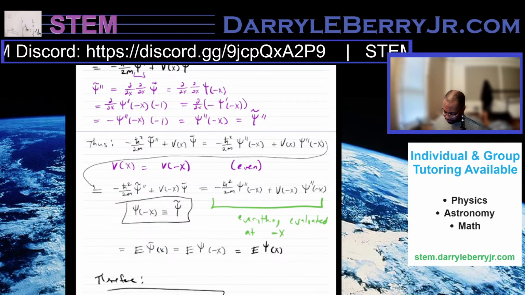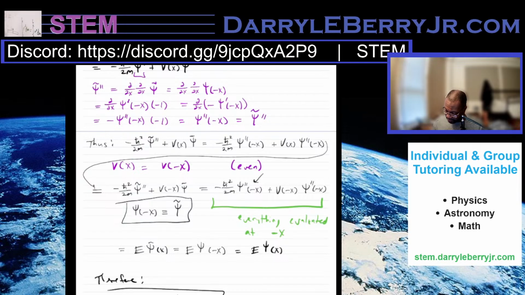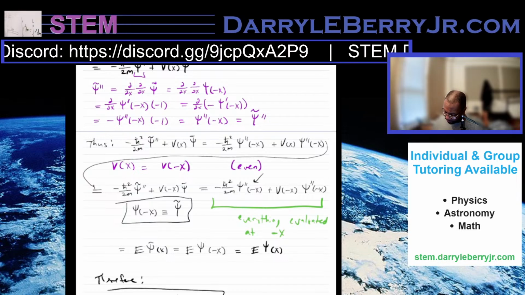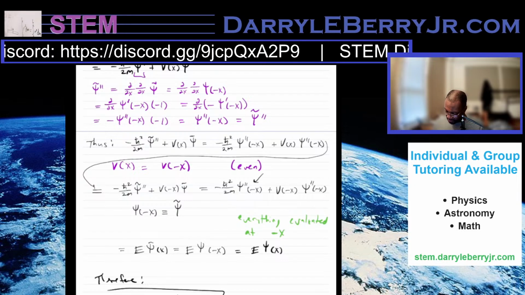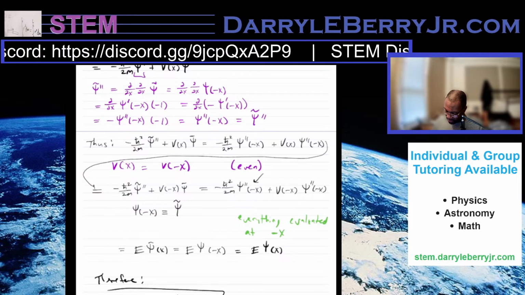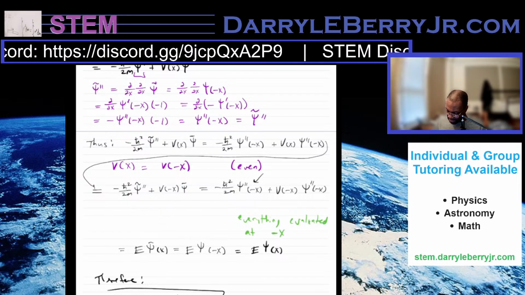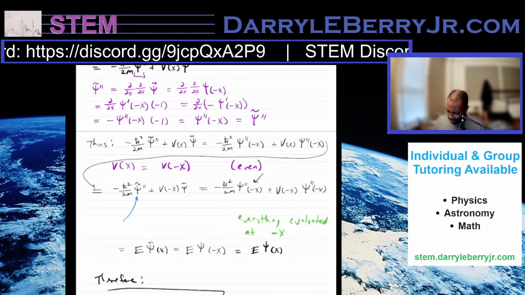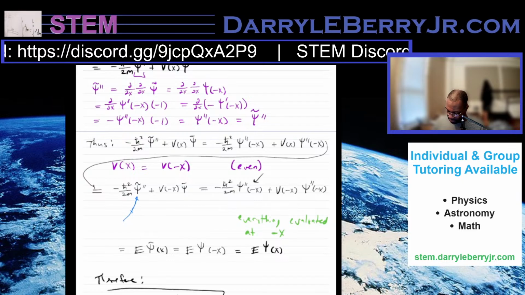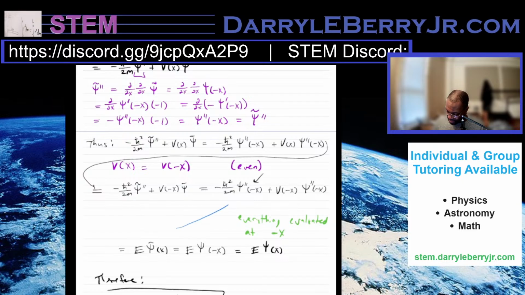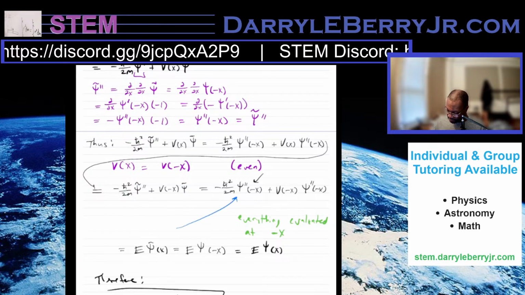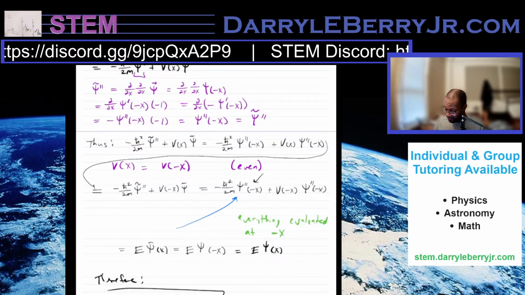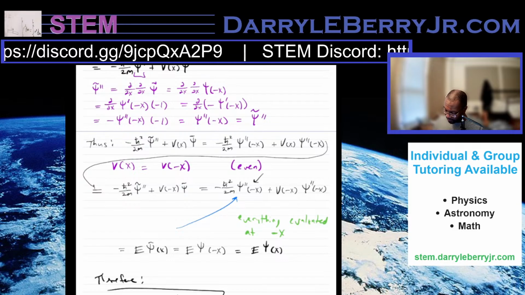And here I'm just being explicit with it. It's basically expanding it back out to what it was. So psi tilde double prime of x, pulling it back out, is psi of negative x double derivative.